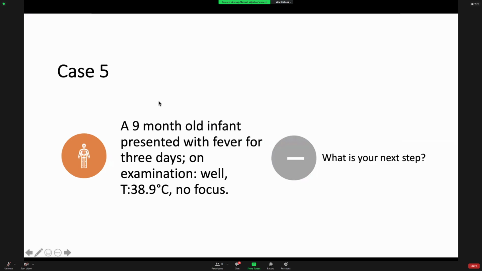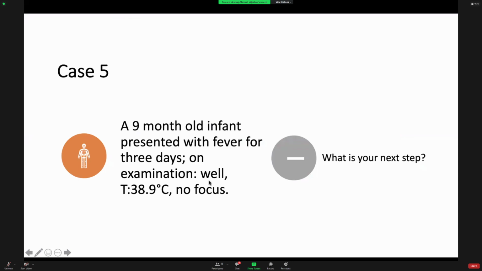So urine analysis, doctor, or urine culture? Yes. Why did we say UTI? It's the most common presentation in children with a fever, without a focus, and well looking.